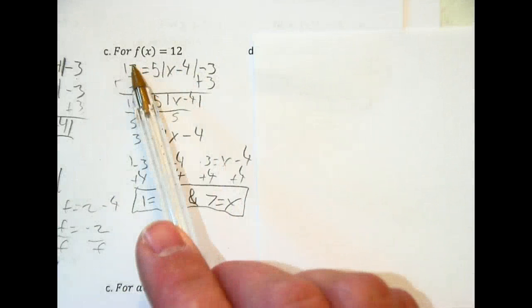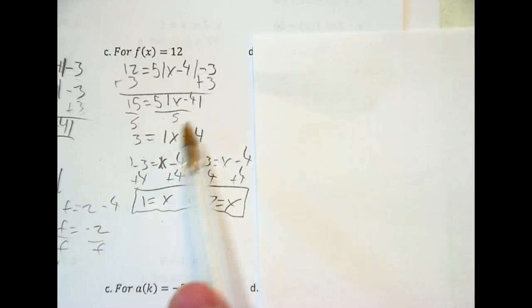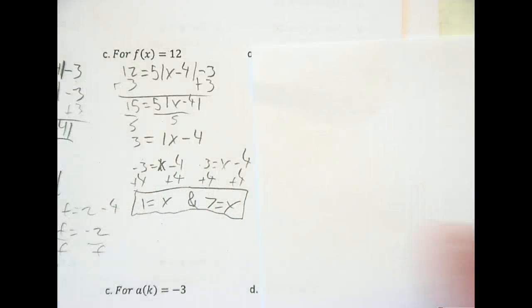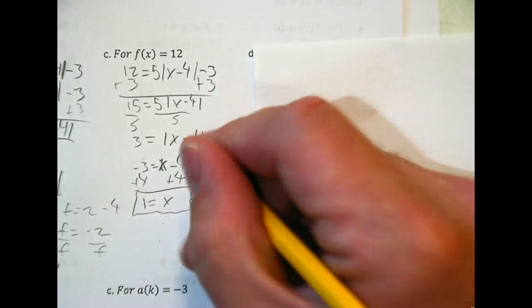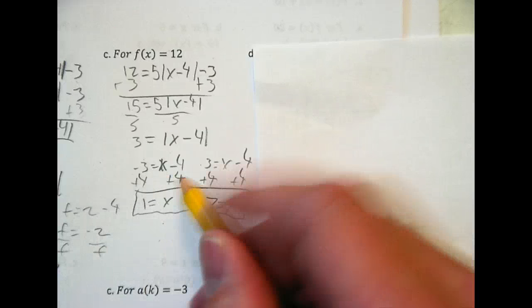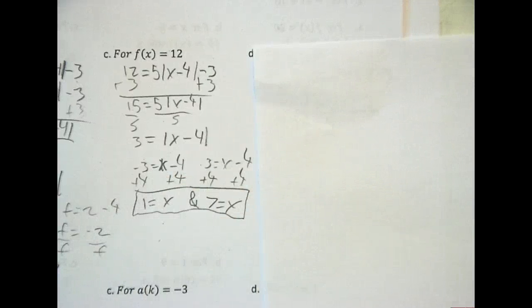Okay, plug the 12 in. We add 3 to both sides. Good. Divide by 5. We get it down to the absolute value being alone. Positive case, so with the 3 being positive, x minus 4 is equal to 3, and x minus 4 is equal to negative 3. Add 4 to both sides. Nice work, Ryland. Well done.